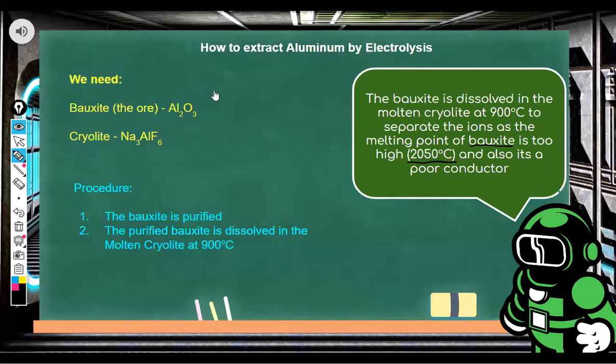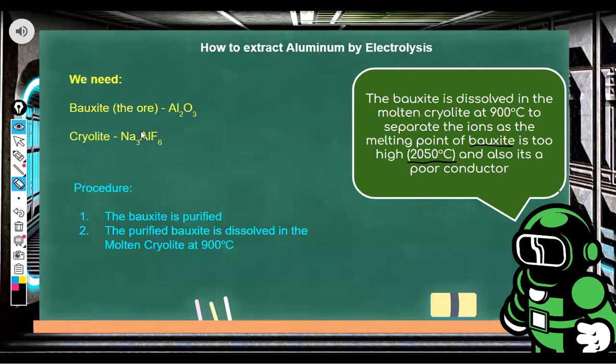So if you wanted to melt the bauxite by itself, because in electrolysis you need it to be a liquid, you'll remember when we were doing electrolysis, the first thing we did was molten sodium chloride. Well, instead of molten sodium chloride, we are doing molten aluminum oxide. But to melt aluminum oxide by itself, it's 2000 and something degrees Celsius. You're going to require a lot of energy to do that, and it's going to be very, very expensive.